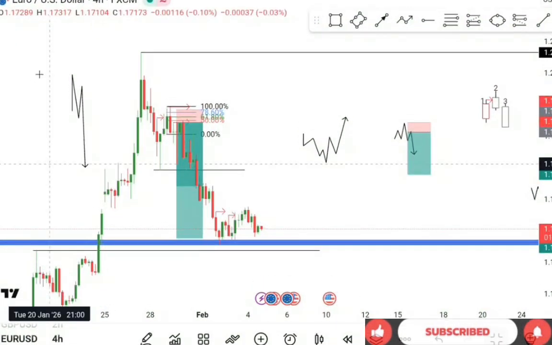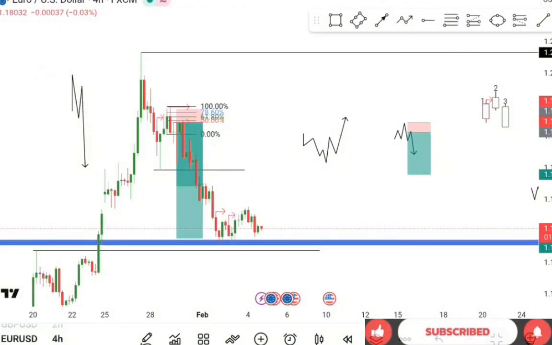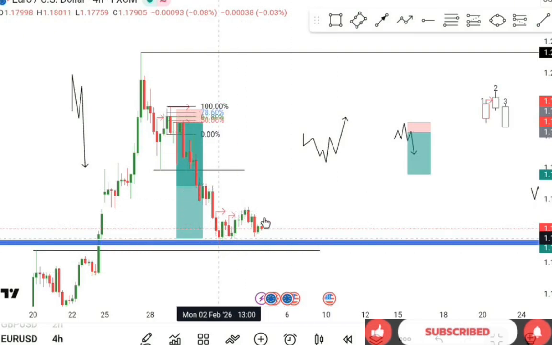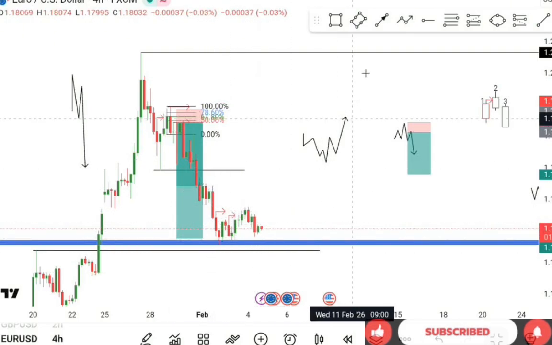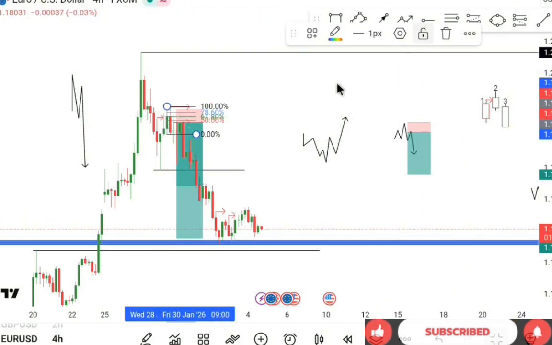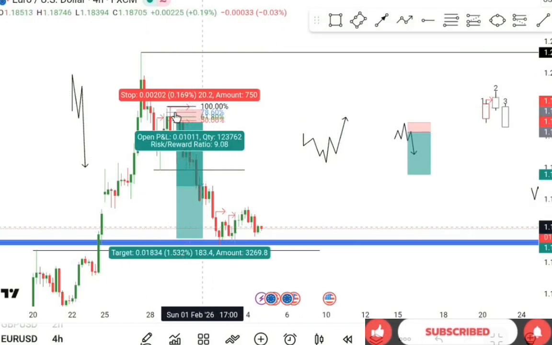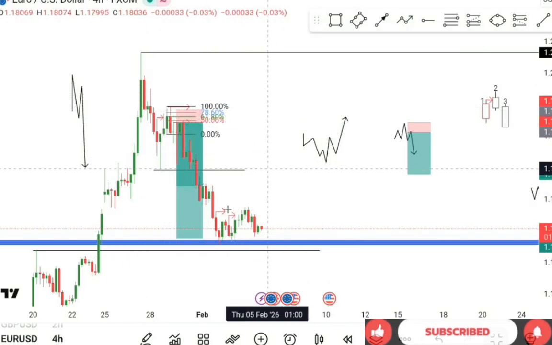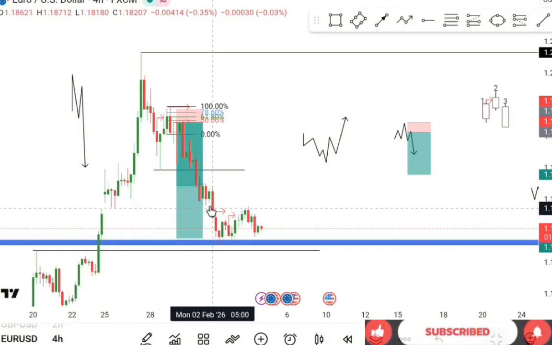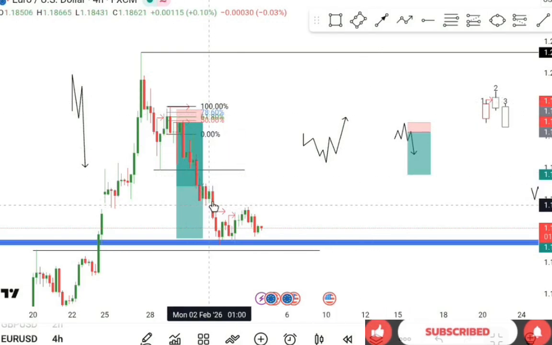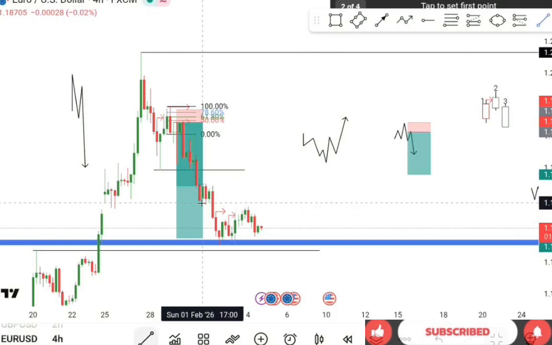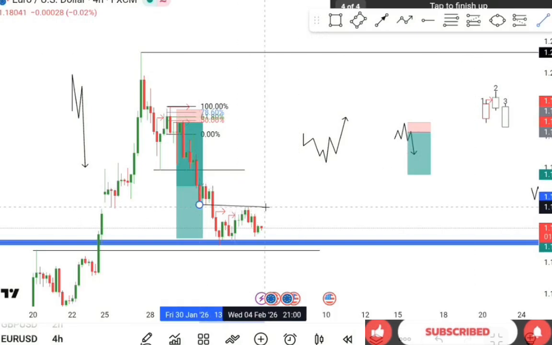So let's still come to this future price action right here. You can see, after we displaced to the downside from this angle, we displaced to these lower lows here. You can see that this market is trying to reverse again to the downside after we tested this fair value gap that the market actually left for us at this point.